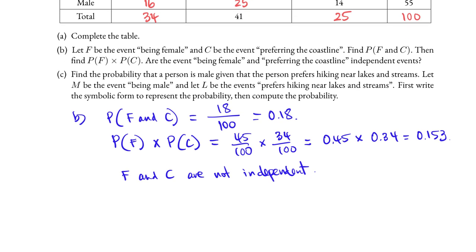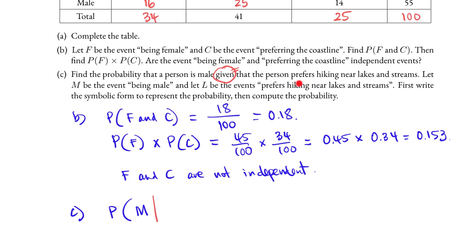Part C. Find the probability that the person is a male. If we let M be the event of being male, we're looking for P of M, but the word given signals the conditional probability. We use the vertical bar to denote the given part.